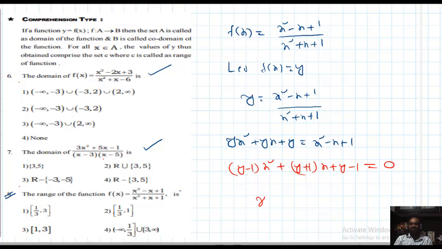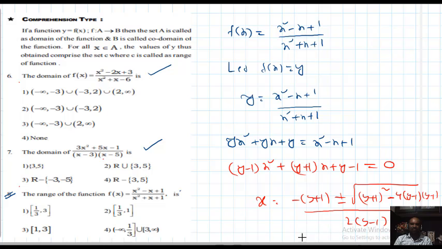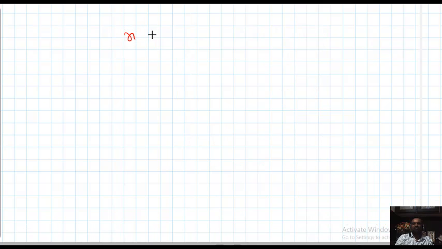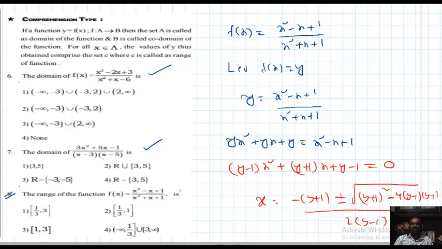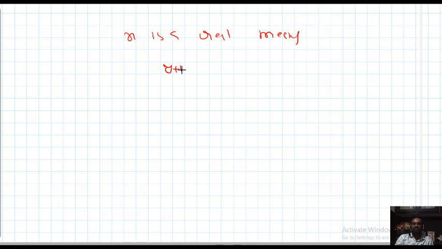This is a quadratic. I want to find x equal to minus b plus or minus root of b square minus 4ac, over 2a, that is, minus (y plus 1) plus or minus root of (y plus 1) whole square minus 4 (y minus 1)(y minus 1), over 2 into (y minus 1). So x is real means the expression under the square root should be greater than or equal to 0. That is, (y plus 1) whole square minus 4 (y minus 1) whole square should be greater than or equal to 0.